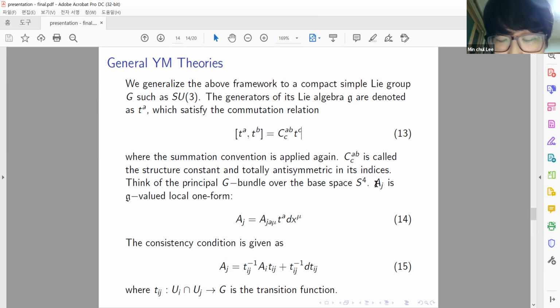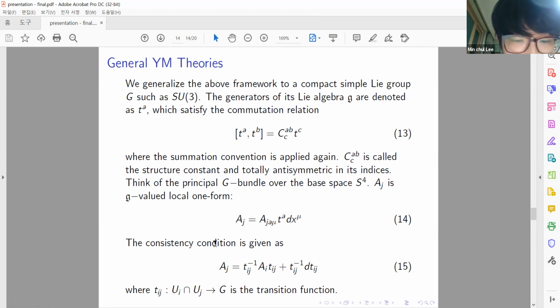Now the vector potential A_j is a Lie algebra valued local one form given as this. There are many indices, so it can be somewhat confusing, but physicists still insist on working with components. However, because it is a mathematical seminar, I try to be as coordinate independent as possible.